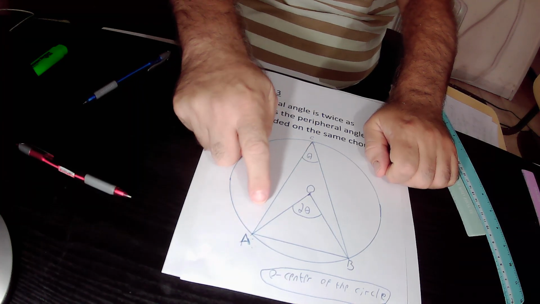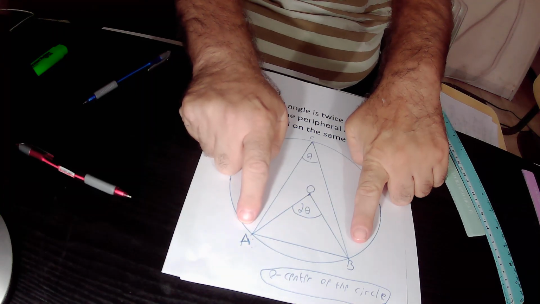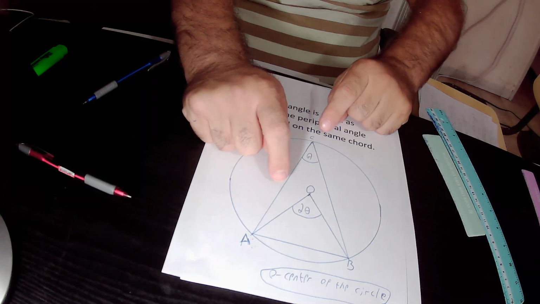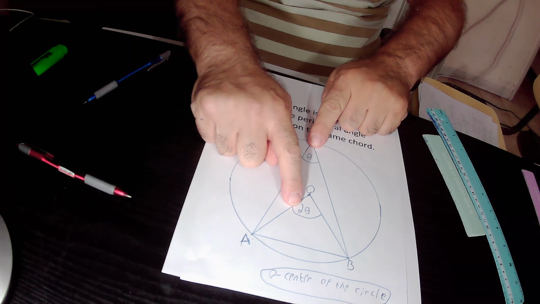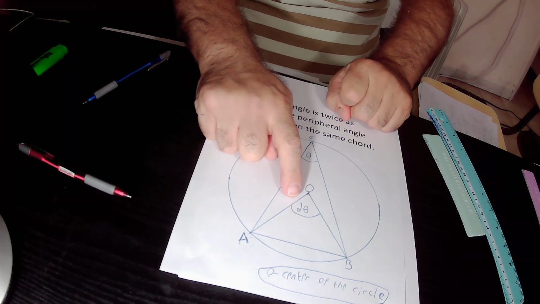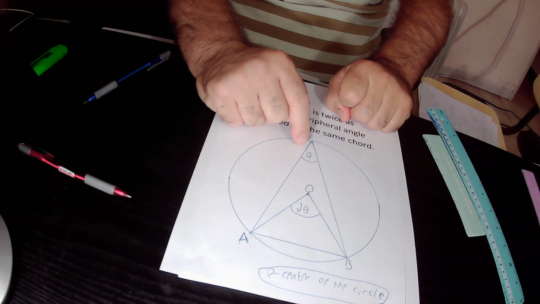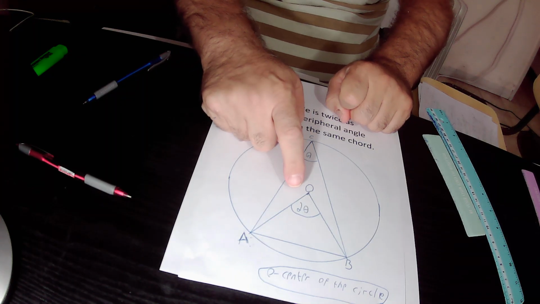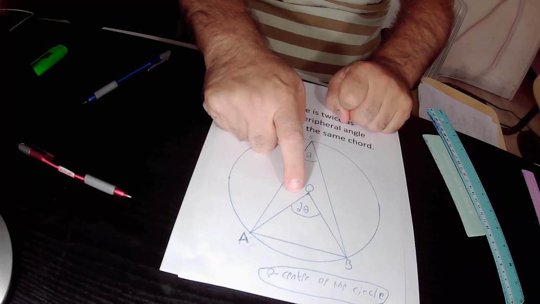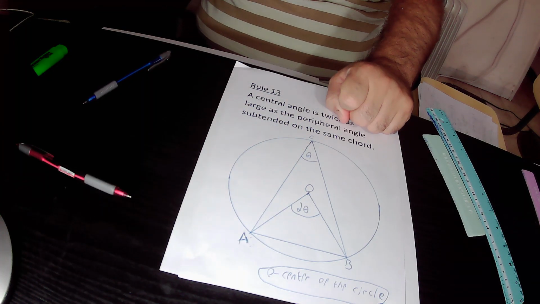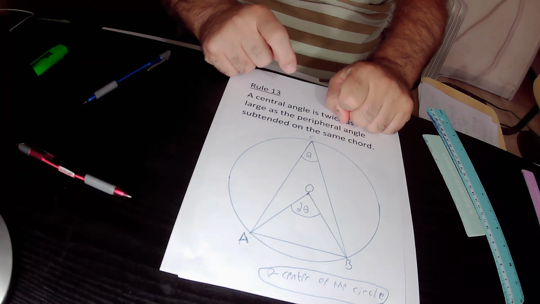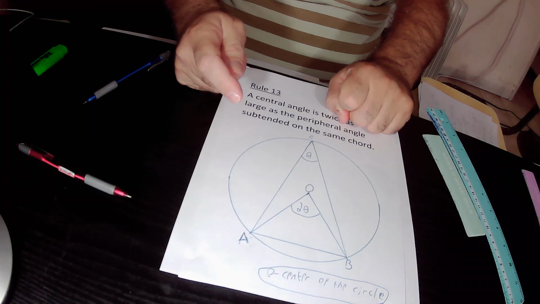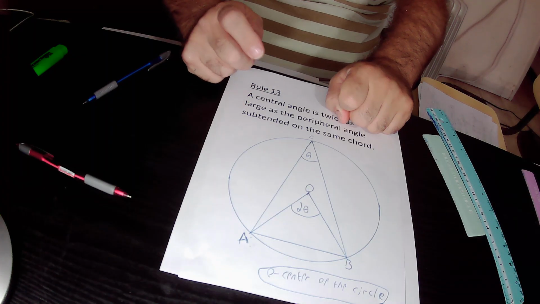Likewise, we have central angle AOB that subtends on the same chord, chord AB. Because those two angles both subtend on the same chord, central angle AOB must be twice as large as peripheral angle ACB. But the size of peripheral angle ACB is theta, and therefore the size of central angle AOB must be equal to 2 theta. So according to rule 13, the size of a central angle is twice as large as the size of the peripheral angle subtended on the same chord.